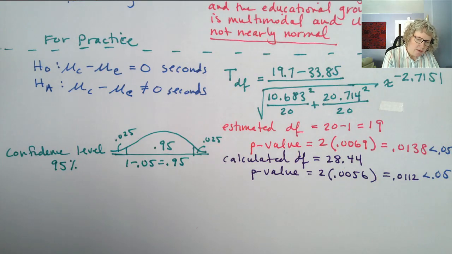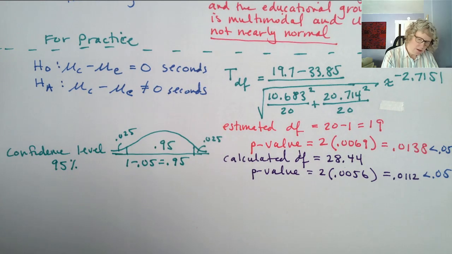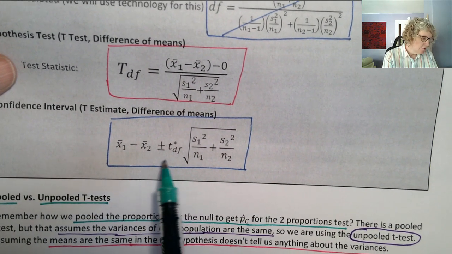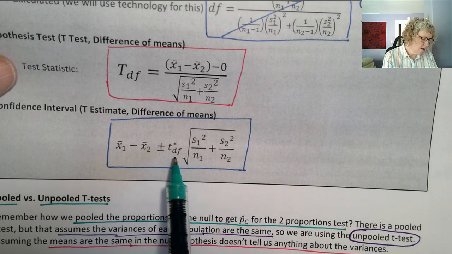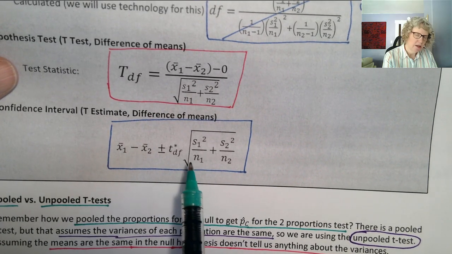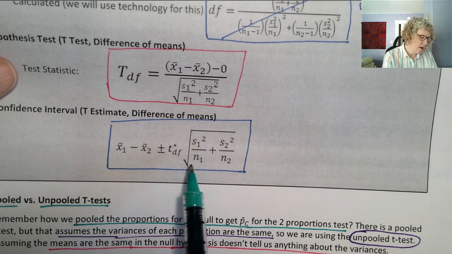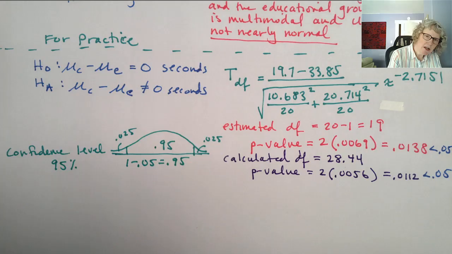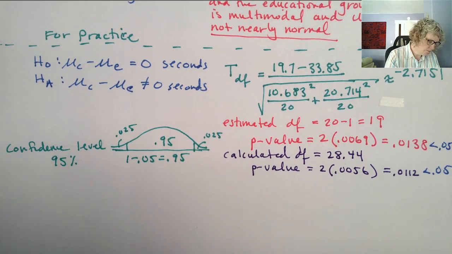Okay, so let's look at our formula for that. We have our difference between the samples, plus or minus our t star, and that's where we need the degrees of freedom. And then we have our standard error right there, okay? Which works. You can combine them if the variables are independent.